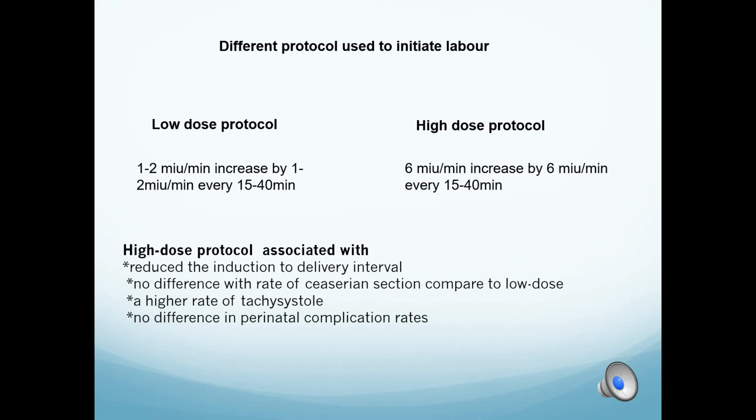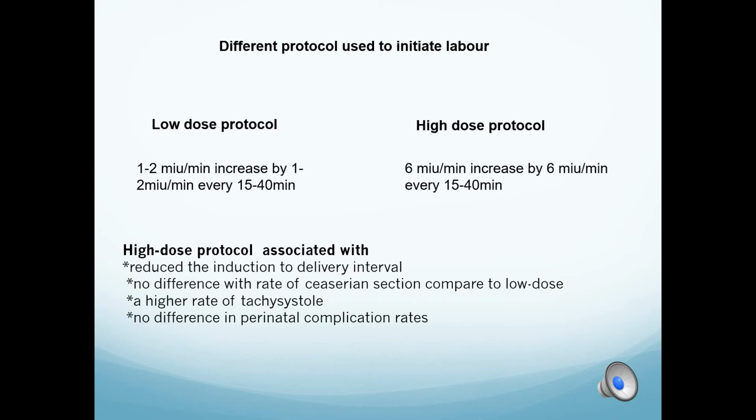To talk about the technical point on initiating the protocol for oxytocin: if you want to initiate the protocol of oxytocin, you might read a lot of books. There are different protocols, a low dose protocol and a high dose protocol. In the low dose protocol, we start with 1 to 2 milli international units per minute, and increase by 1 to 2 milli international units per minute every 15 to 40 minutes, according to whether it is a primigravida or a multigravida with a previous scar.